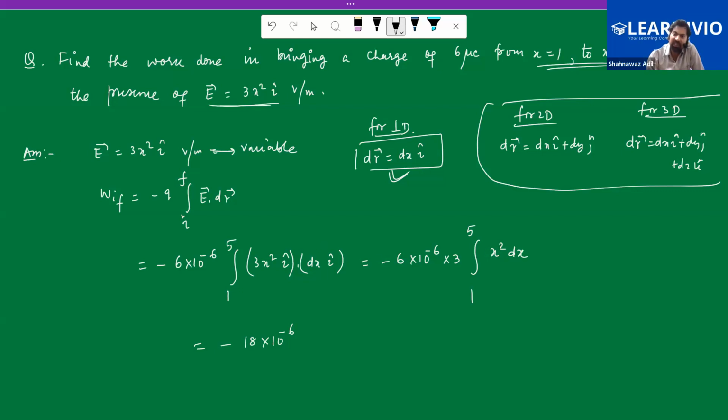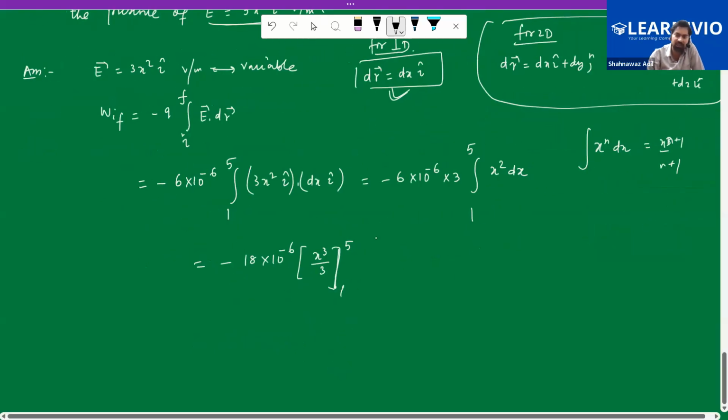We are calculating integration, not differentiation. The integral of x^n dx is x^(n+1) divided by n+1, so this is x cubed by 3, and the limit is 1 to 5.